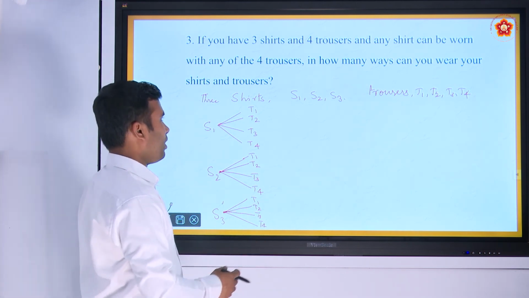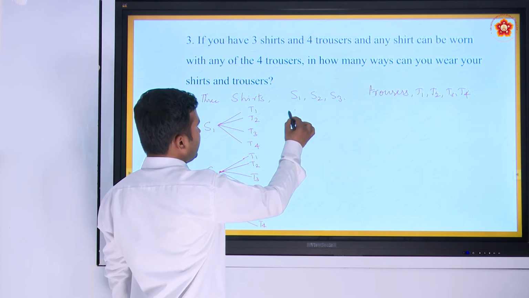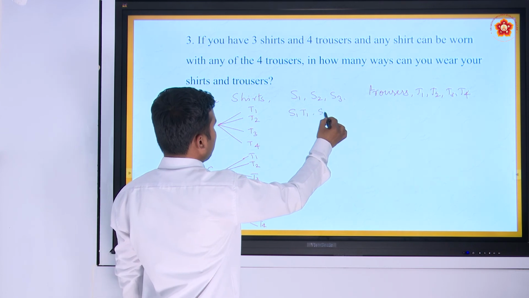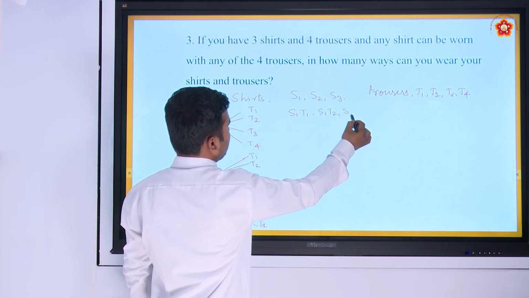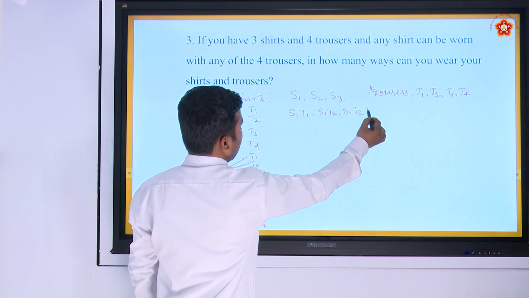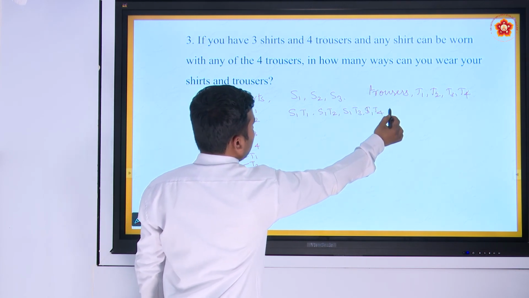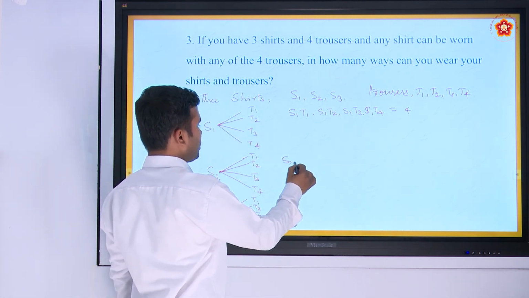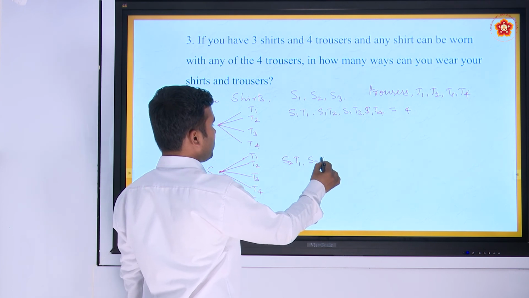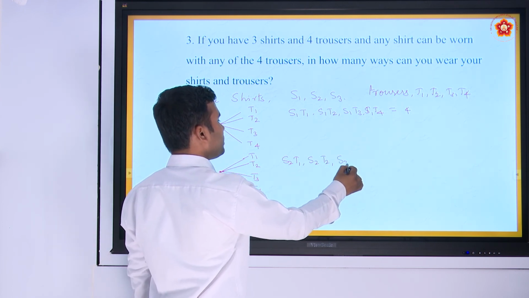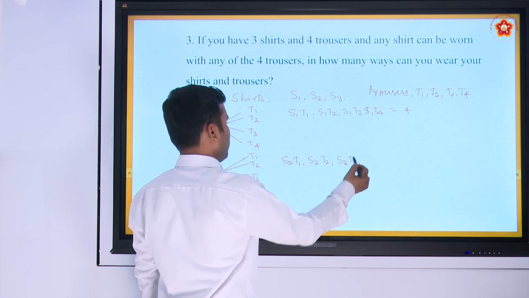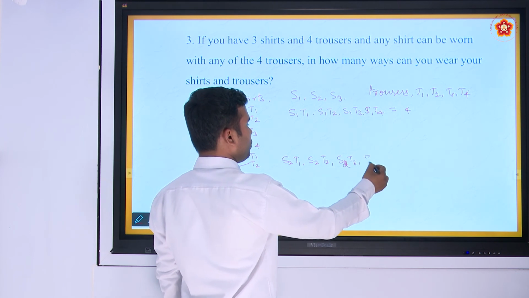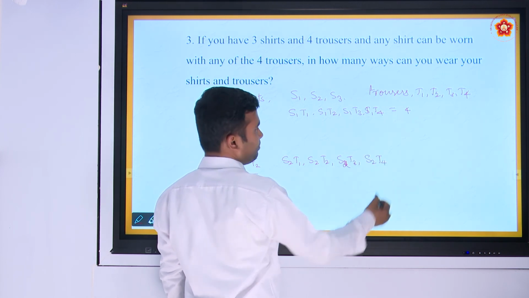So what are the possible pairs? S1, T1, S1, T2, S1, T3 and S1, T4. So how many? There are 4 possibilities. Similarly here, S2, T1, S2, T2, S2, T3, and S2, T4.